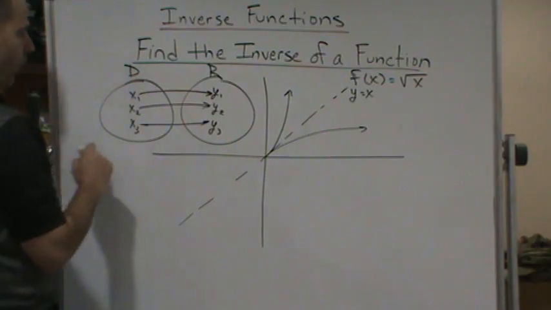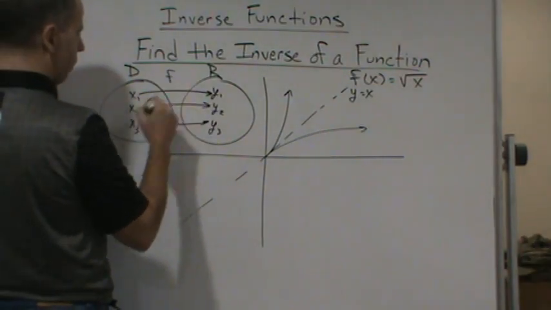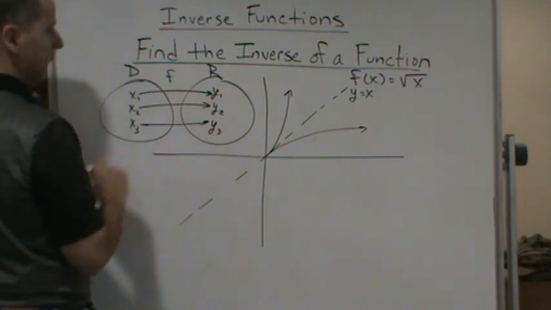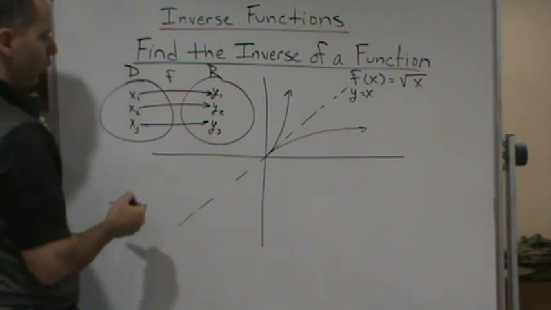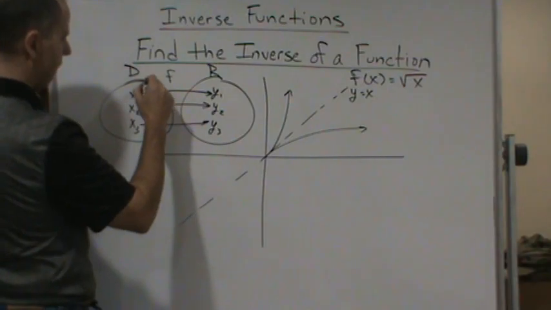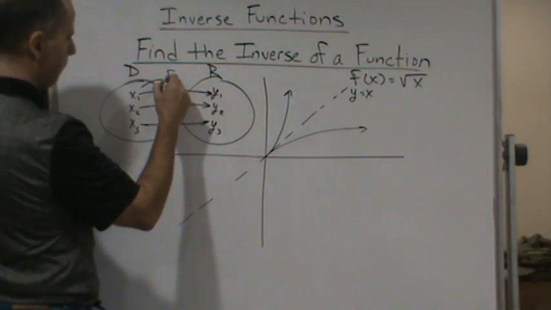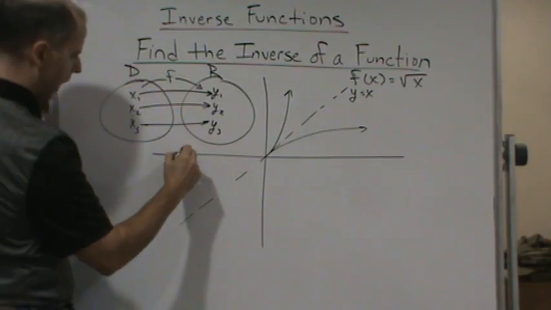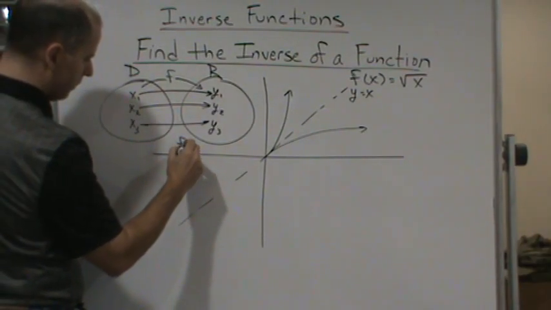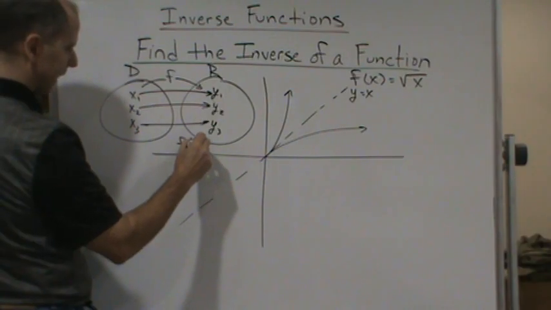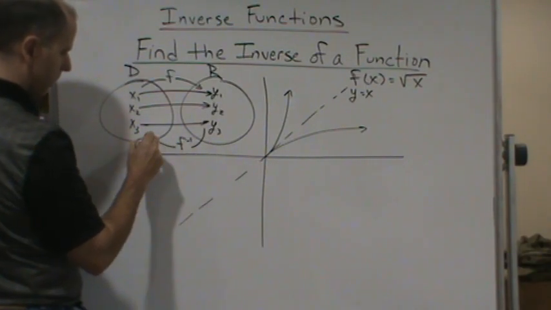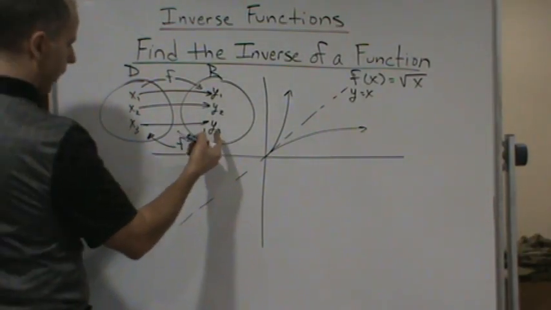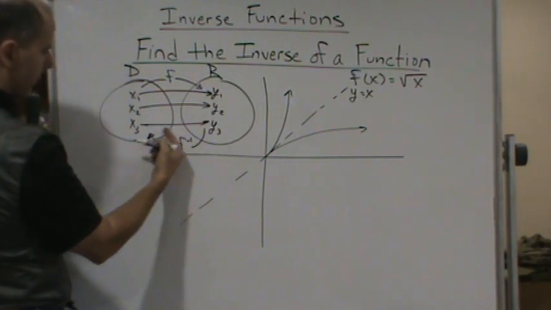So we have this function f that maps this way. Now the cool thing is, if we have f mapping this way, f inverse maps exactly the other way.